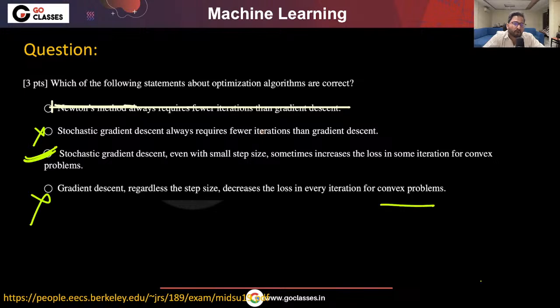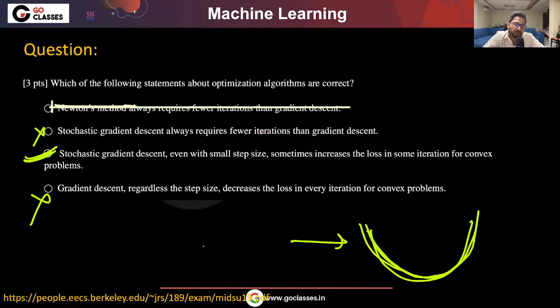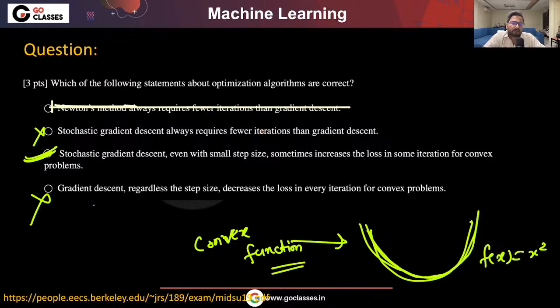Convex functions are the functions where the local and global minima are the same. So convex functions look like this, just like a ball shape. This is called a convex function, like x square. Okay, f(x) equal to x square is a convex function. But yeah, don't worry about the convex function here. It is not needed for this question. But I hope you understood the other options, right?